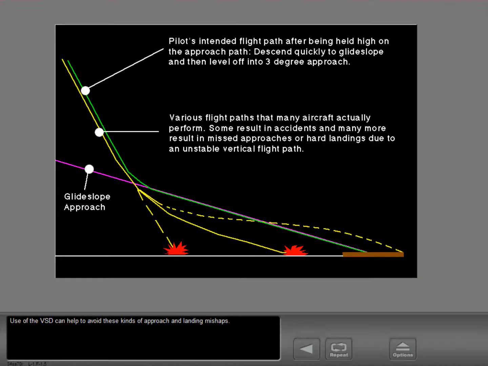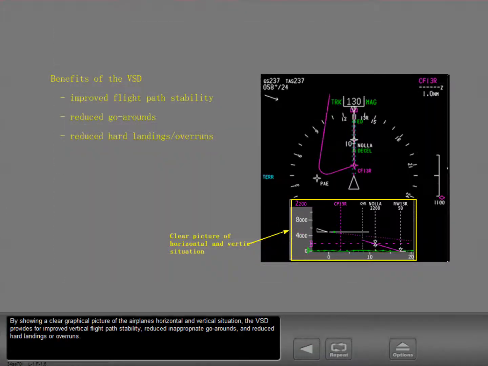Use of the VSD can help to avoid these kinds of approach and landing mishaps. By showing a clear graphical picture of the airplane's horizontal and vertical situation, the VSD provides for improved vertical flight path stability, reduced inappropriate go-arounds, and reduced hard landings or overruns.